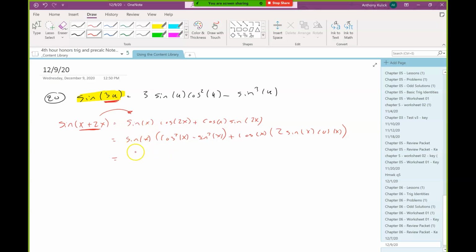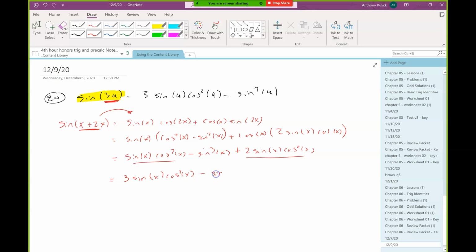So I think now at this point I'm just going to distribute my sine through, and I'm just multiplying this. There's no distributing to do because there's no addition or subtraction in here. And I notice that these are like terms, so I can add them together just by adding their coefficients.